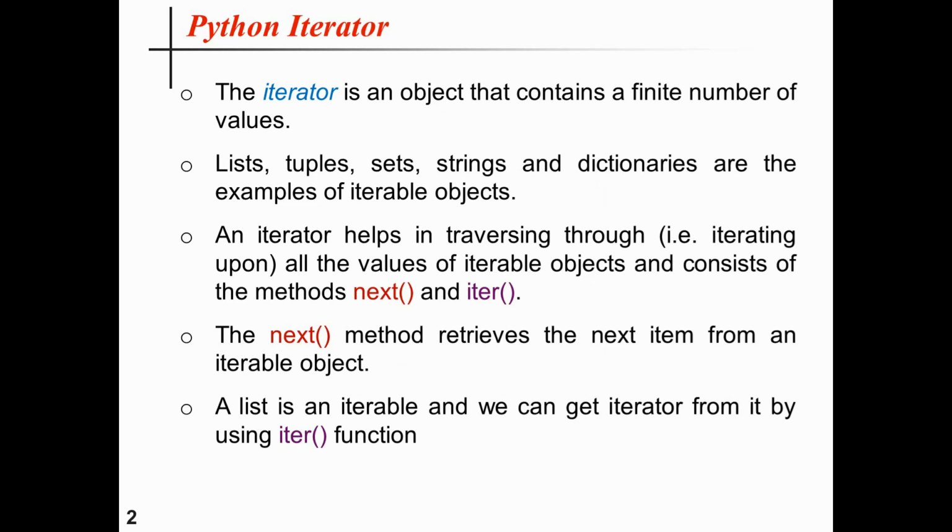Lists, tuples, sets, dictionaries, even strings are examples of iterable objects. These are basically iterable containers from which we can get an iterator.